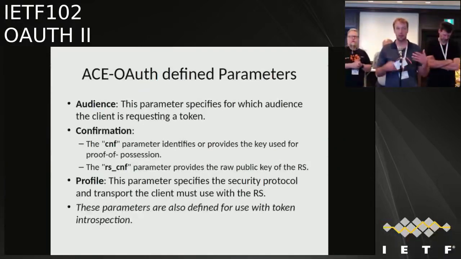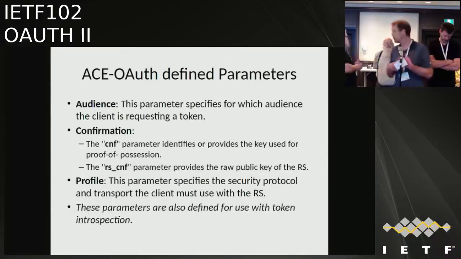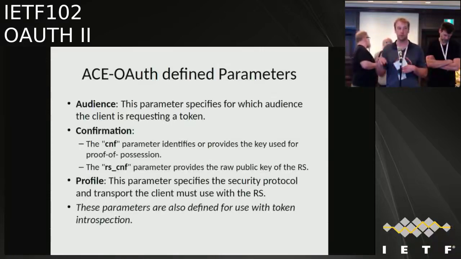It also allows for the audience as a parameter value in the JWT. So there's a collision with the audience name with respect to that initial authorization request, and I don't think it's applicable in the ACE world.